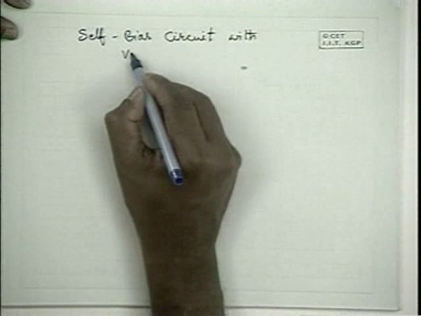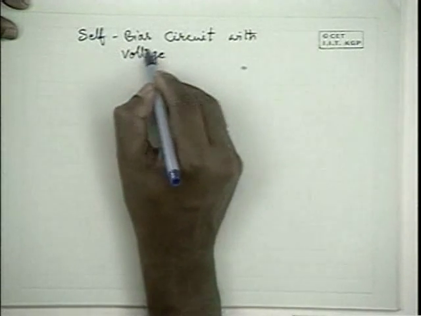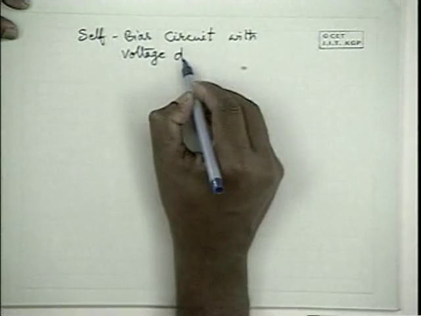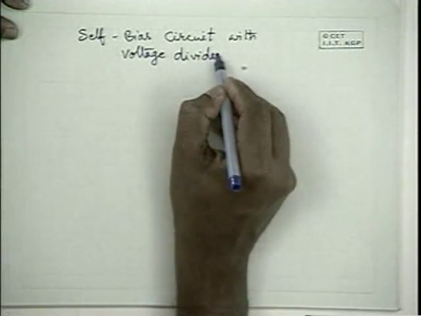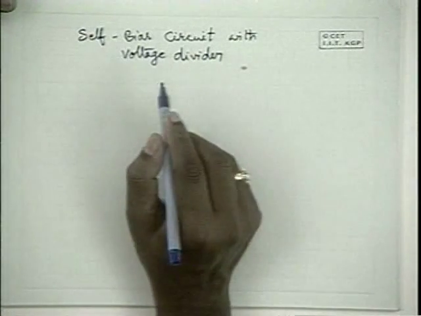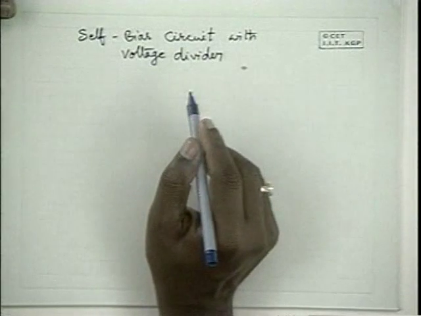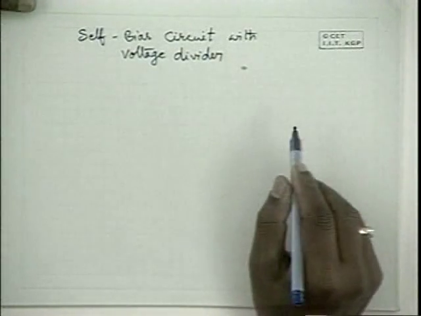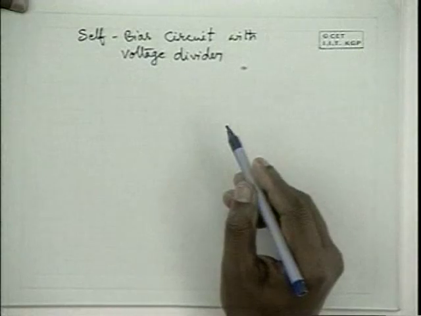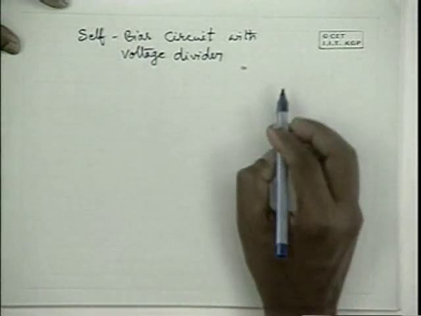It is also known as the voltage divider biasing circuit, but actually it is a self-bias circuit with a voltage divider included in it.